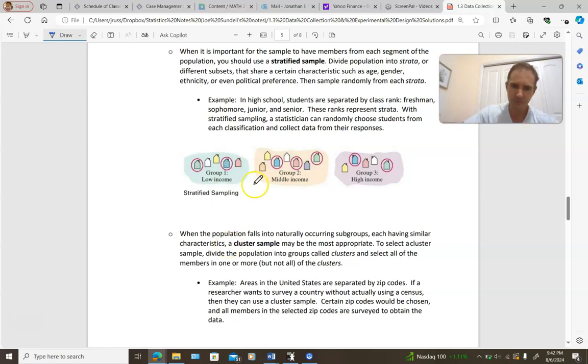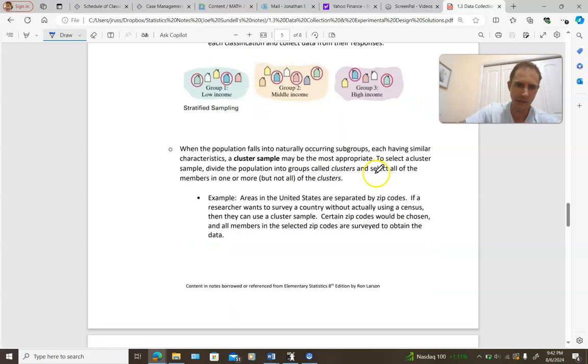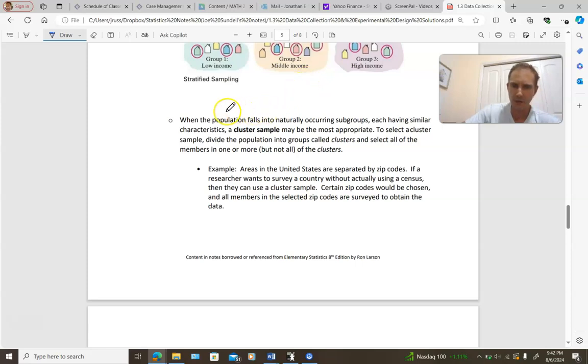So, all right, well, let's continue. Okay, so again, when the population falls into naturally occurring subgroups, each having similar characteristics, then we can take what's called a cluster sample. So to select a cluster sample, you're going to divide the population into groups called clusters.